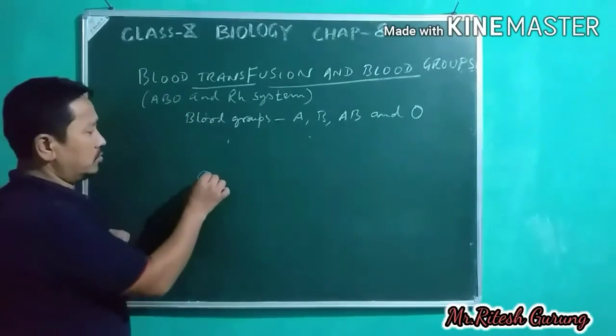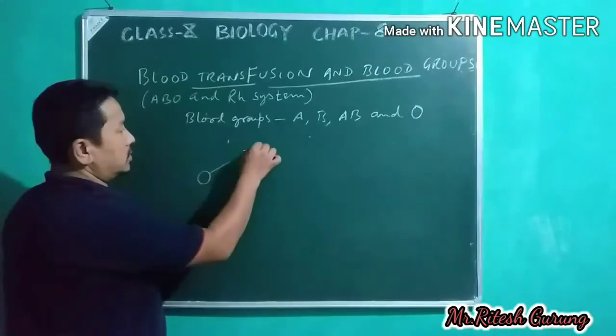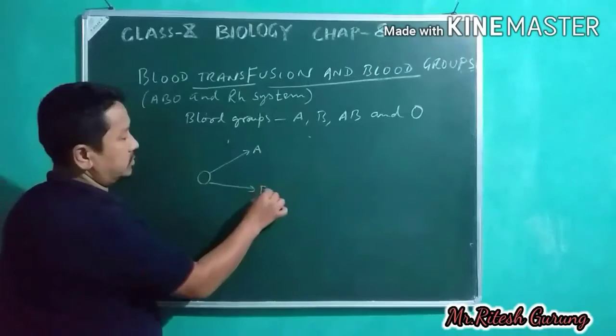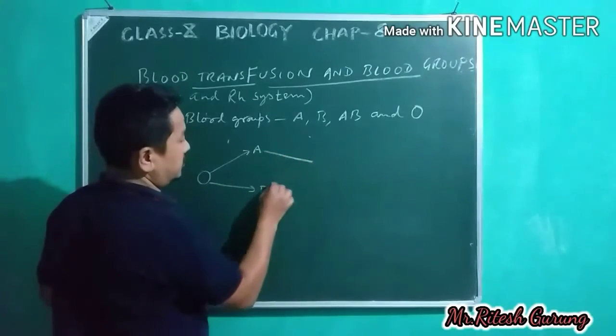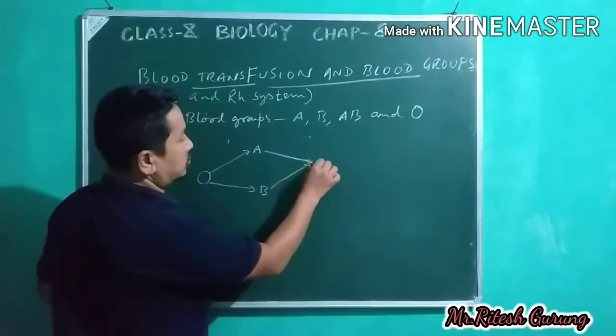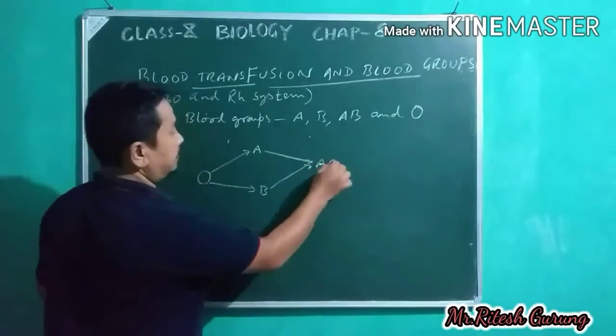Blood group O can be given to this, and blood group AB.